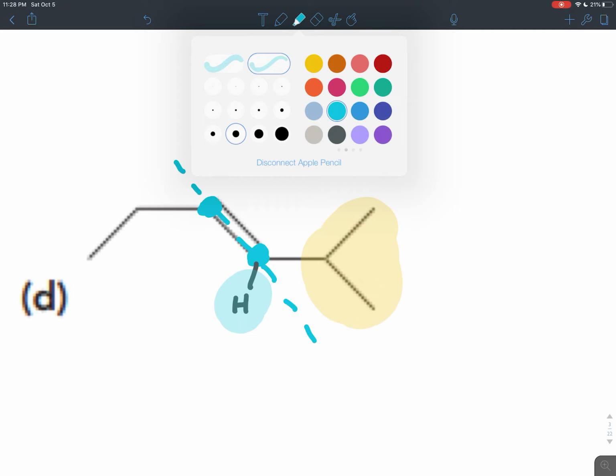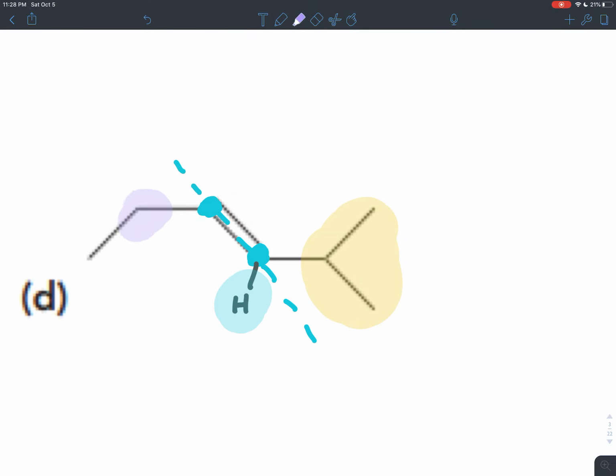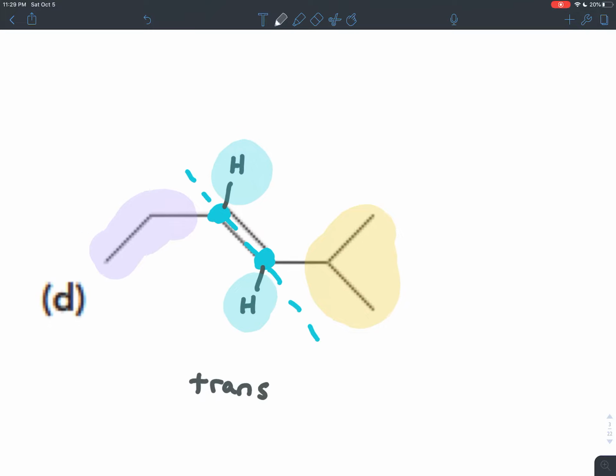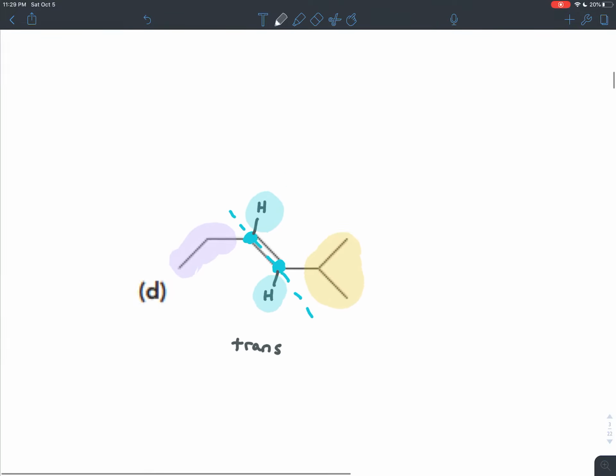On the carbon on the left, we have a sort of ethyl group coming off, and then we have an invisible implied hydrogen. And because those two hydrogens are on opposite sides of that dotted line, this again is the trans stereoisomer.